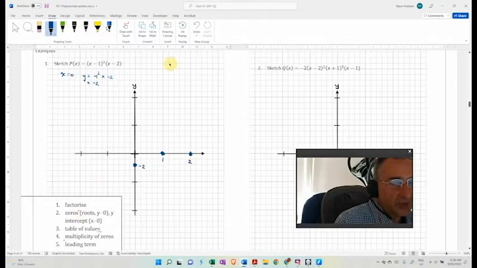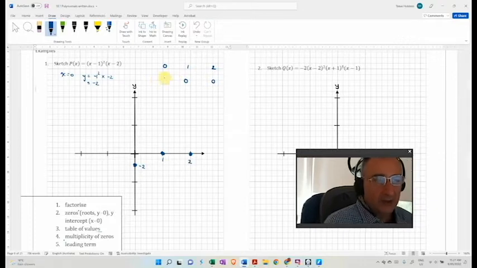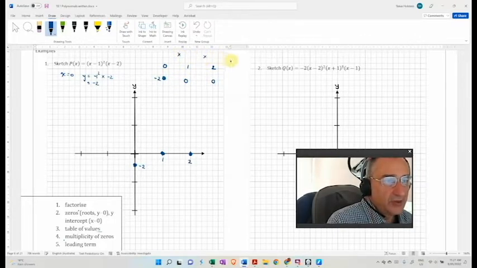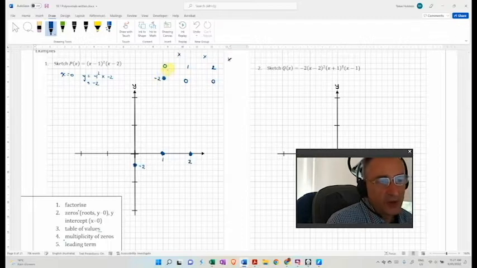Table of values. So we put in our intercept and our x equals 0. There's our roots. And there's minus 2 here. And we want to know the values in between the roots. Well, we know what it is at 0, so we don't need another one. But we do need to know a value, let's say at 1.5, so we can see what happens between these two zeros.